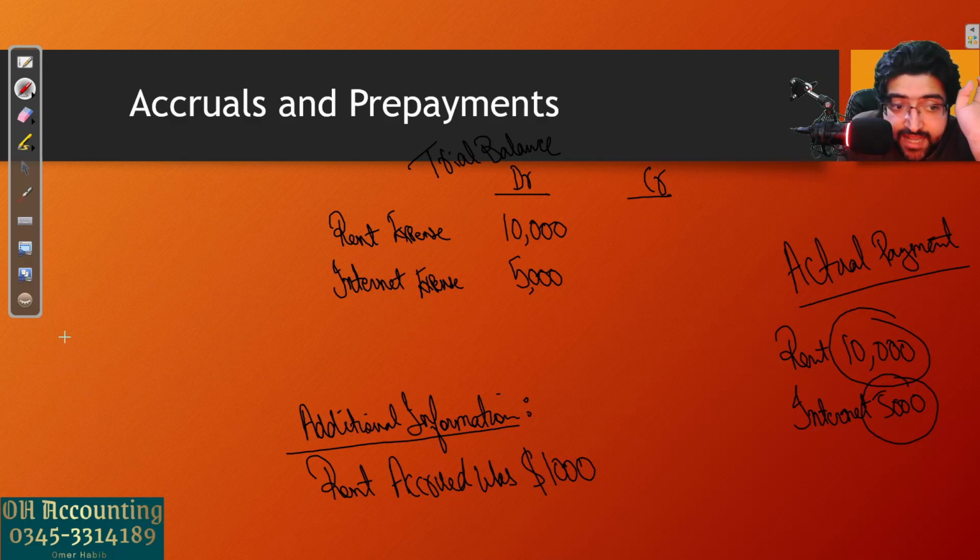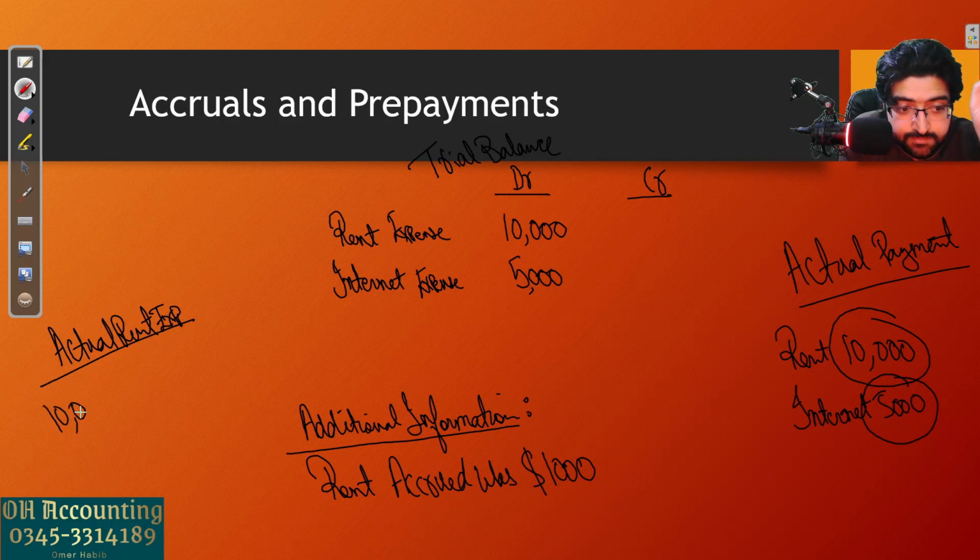So what is the actual rent expense of the year? Actual rent expense. The actual rent expense is 10,000, which I have paid already, and then this pending 1,000, which I was supposed to pay, but I'm not paying this amount this year.